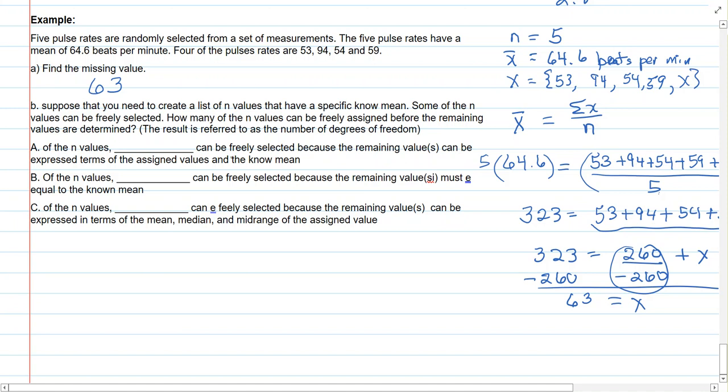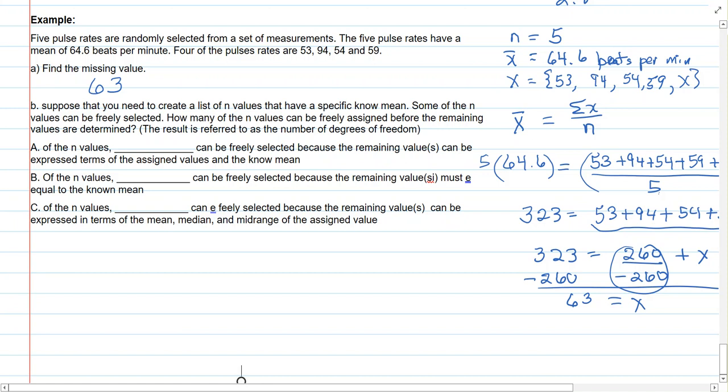The result is referred to as the number of degrees of freedom. So what we have is whatever the number is minus 1. Of the n values, something can be freely selected because the remaining values can be expressed in terms of assigned values and the known mean.